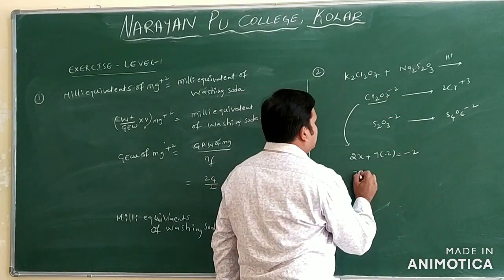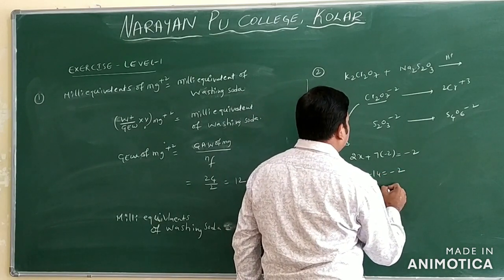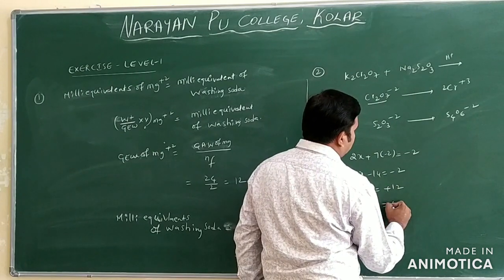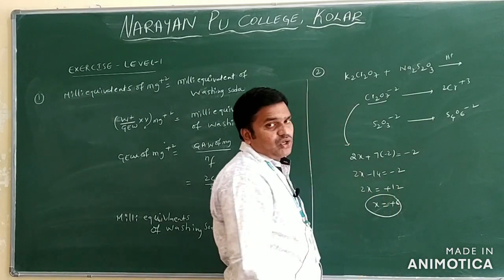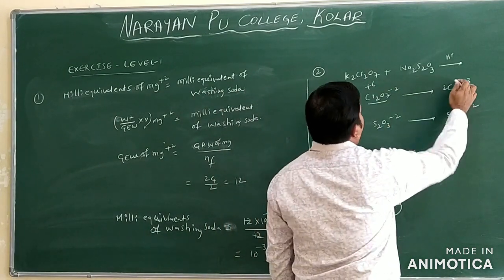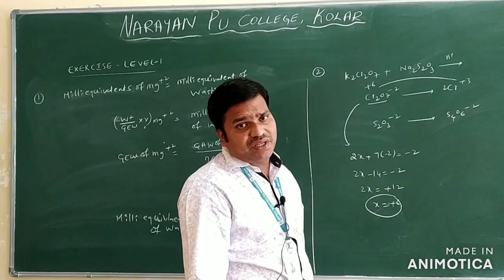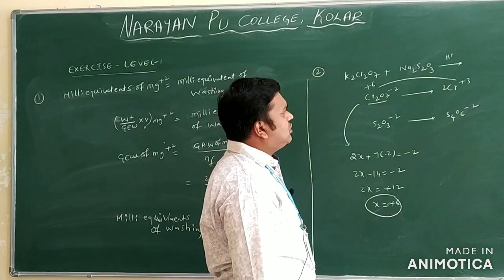So 2x minus 14 is equal to minus 2, 2x equals plus 12, and x equals plus 6. So chromium goes from plus 6 to plus 3, a difference of 3 electrons for 1 chromium.